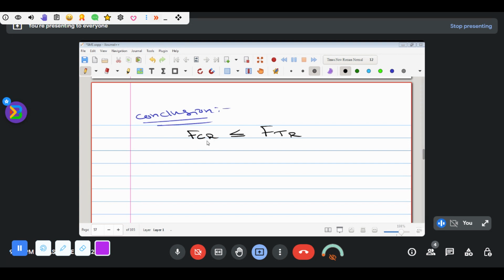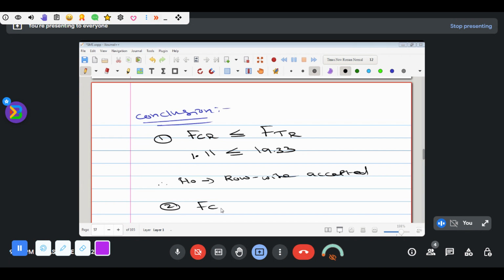Please check that: what is the F calculation value in row? 1.11. 1.11 is less than or equal to how much? 19.3. Therefore, row wise first conclusion: H naught is accepted row wise.